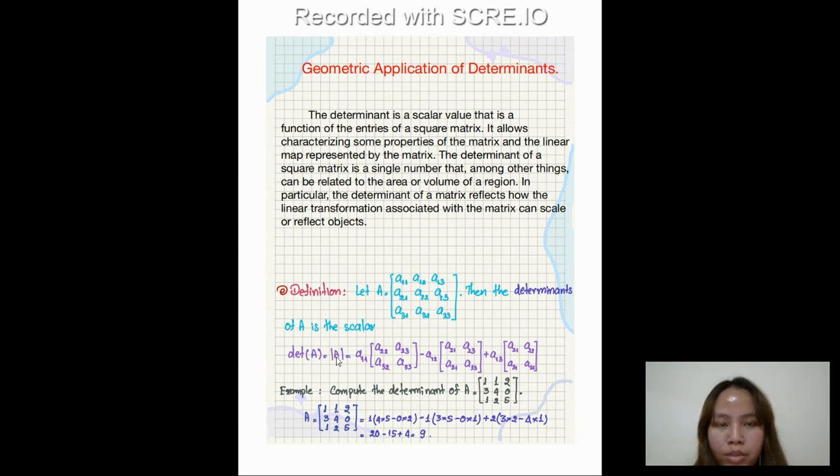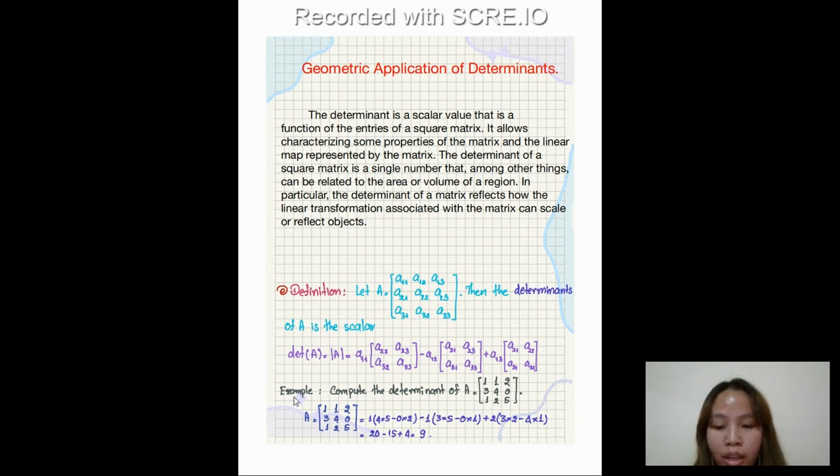Determinant of A, equal to the absolute value of A, equals A11, which is in the first column and the first row, times the determinant of what is left over, A22, A23, A32, and A33, and then minus A12, which is in the first column and the second row, times the determinant of the 2 times 2 of leftover A21, A23, A31, A33, plus A13, which is in the first column and the third row, and what is left over are A21, A22, A31, and A32, and then we calculate it.